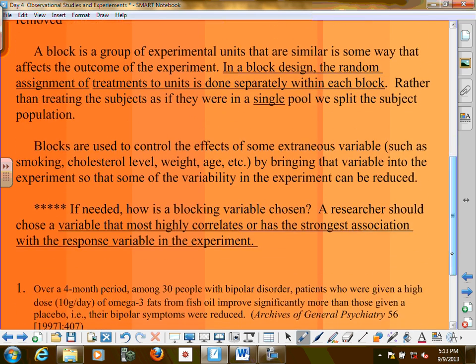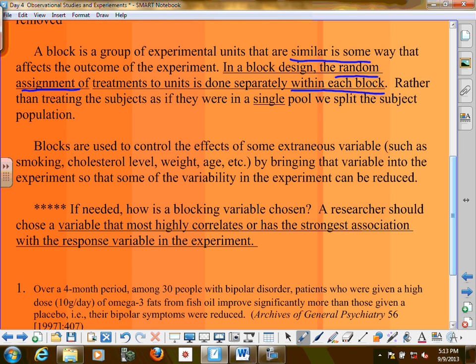All right. A block is a group of experimental units. So it's going to be a group of men or a group of women. They are similar in some way. They are homogeneous groups, and that would affect the outcome of the experiment. So in a block design, the assignment of the treatment, when you put them into their treatment groups, is done within each block.